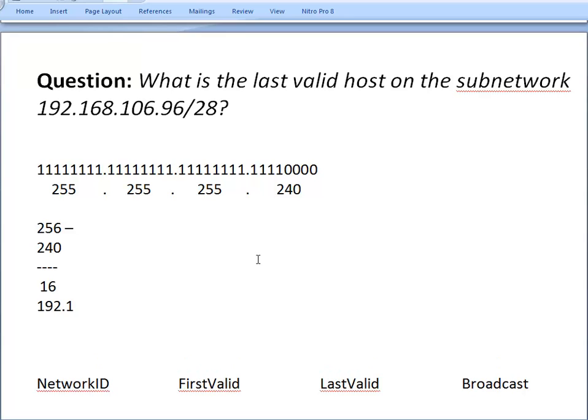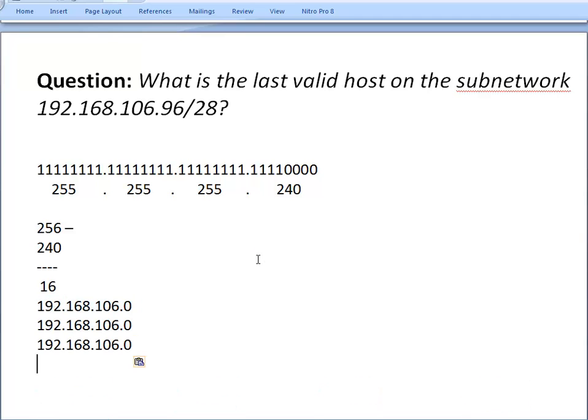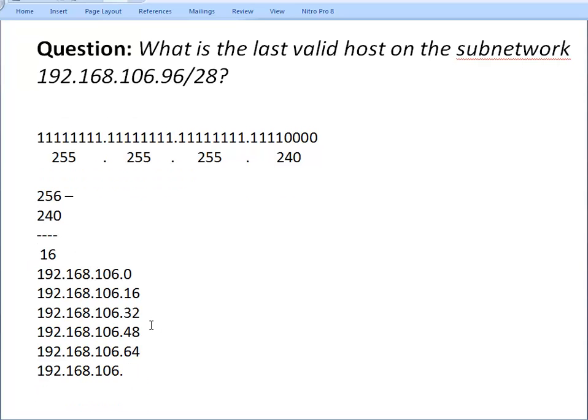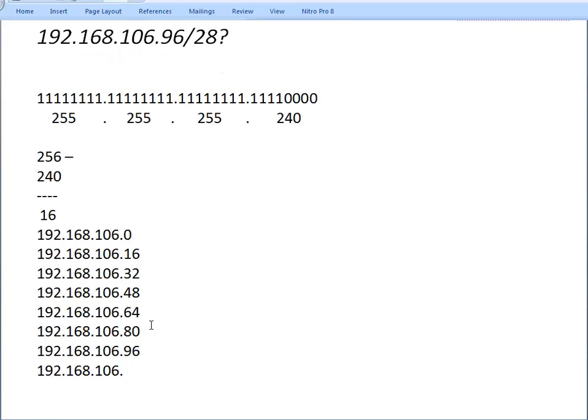We put 192.168.106.0 first, and we're going to increment every time with our magic number. So 0, then 16, then 32, then 48, add another 16 to that, 64, add another 16, 80, then add another 16, 96, add another 16, 112.